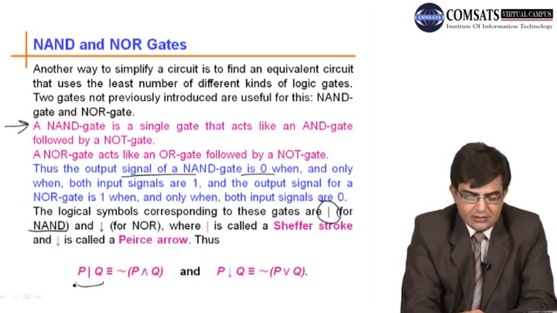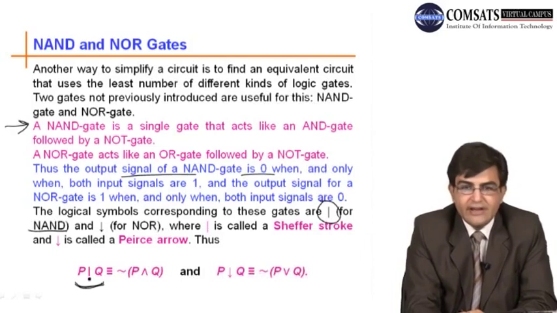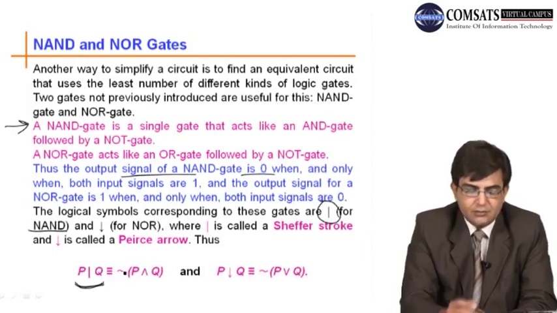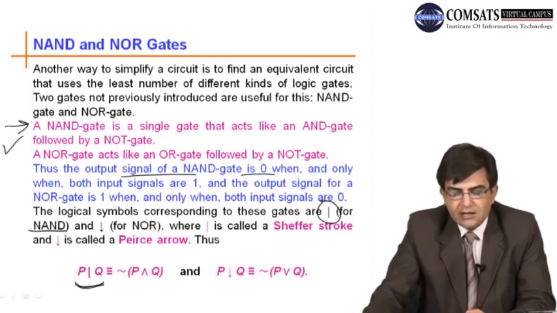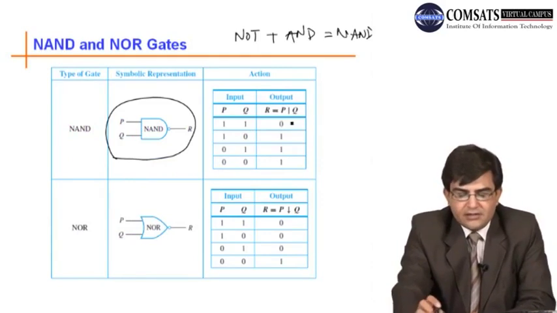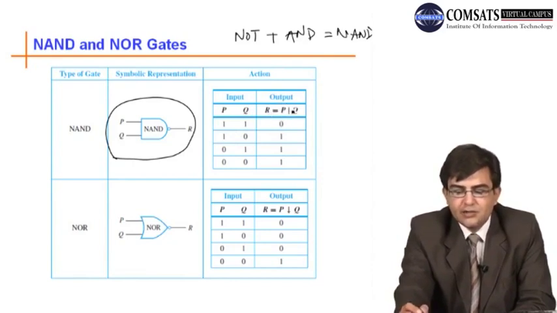We represent it symbolically as P NAND Q, which by the definition of the NAND gate is logically equivalent to NOT (P and Q). The truth table for this gate has P and Q as 1 1 and so on, and its output is P NAND Q. When both P and Q are 1, the output of this gate is 0. How?